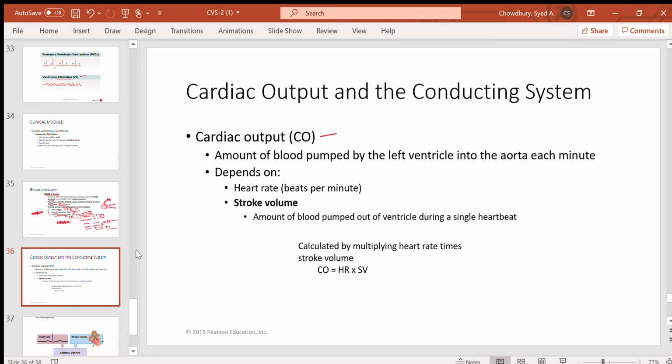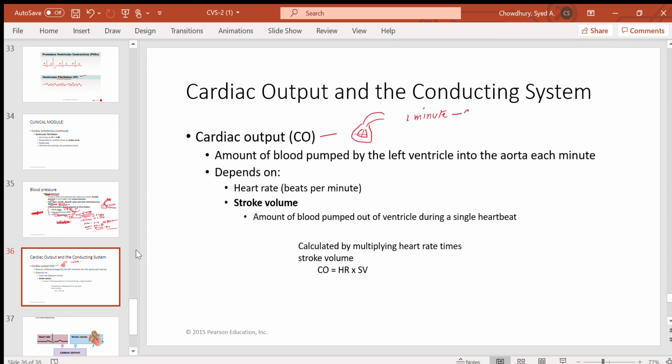Cardiac output is how much blood is getting out from the heart to the body in 1 minute. So that is the cardiac output. However, in one stroke or contraction, how much gets out, that is the stroke volume.